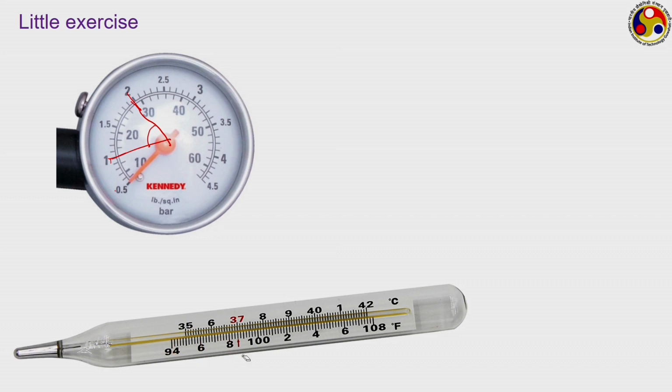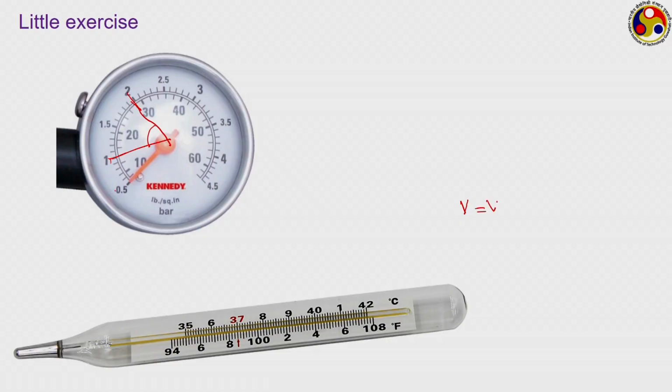For a thermometer kind of device, we know that the operating principle is based upon the volumetric expansion of the thermometric fluid. The volumetric expansion for any liquid can be represented as V is equal to V naught into 1 plus alpha into T minus T naught, where T naught is the reference temperature, V naught is the volume of the fluid at that temperature T naught, and alpha is the volume expansion coefficient.